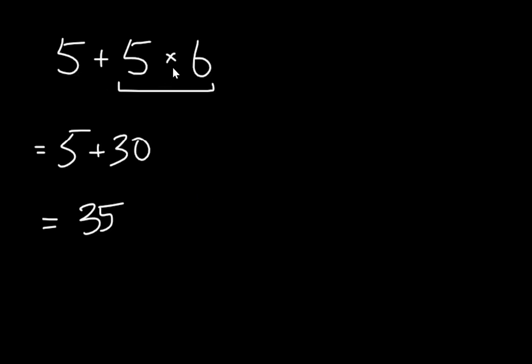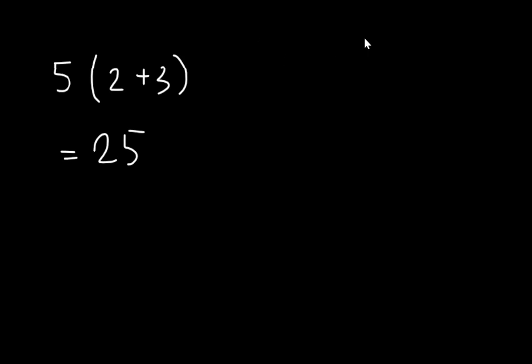You always multiply before you add, unless the addition is in parentheses. Let's try one with parentheses. Let's do 5 times 2 plus 3. The answer to this problem is 25.